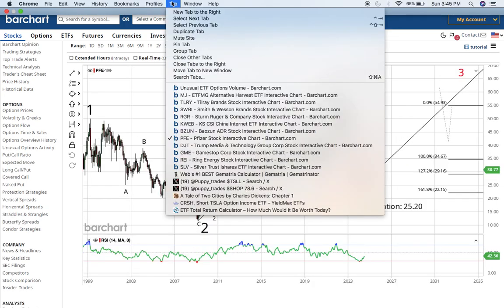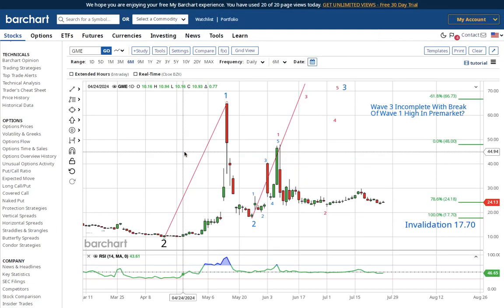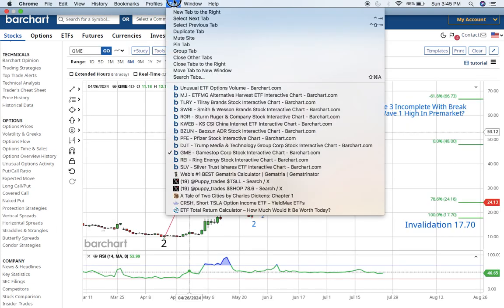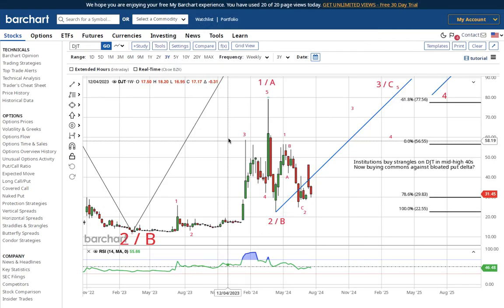Who do you think the GameStop bulls are? They think they know about all of this. They think of Kamala Harris as president. These guys, the DJT bulls, yeah.